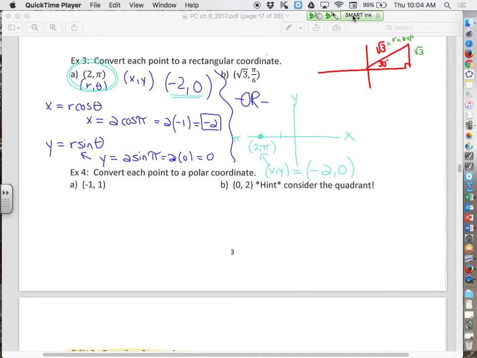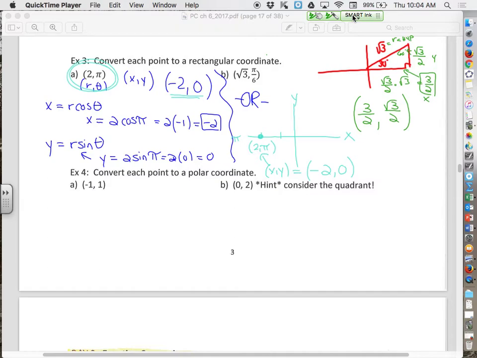So it's going to be √3 divided by 2. The longer leg that's across from the 60 is going to be that √3 over 2 times √3, which is going to give me 3 over 2. So my coordinates then, the x coordinate is 3 over 2, the y coordinate's √3 over 2, x and y. So by using the graph, you can come up with those values.